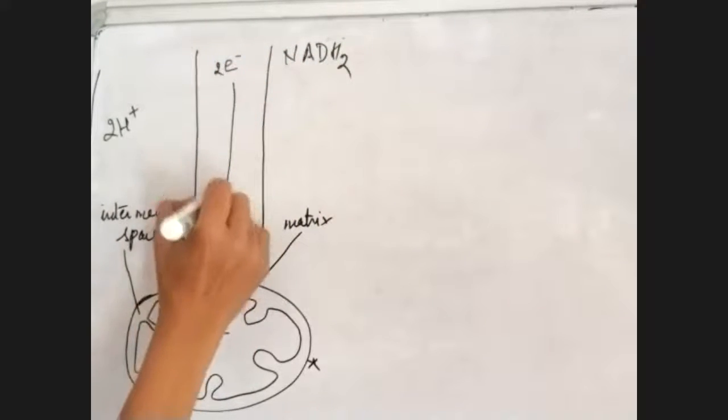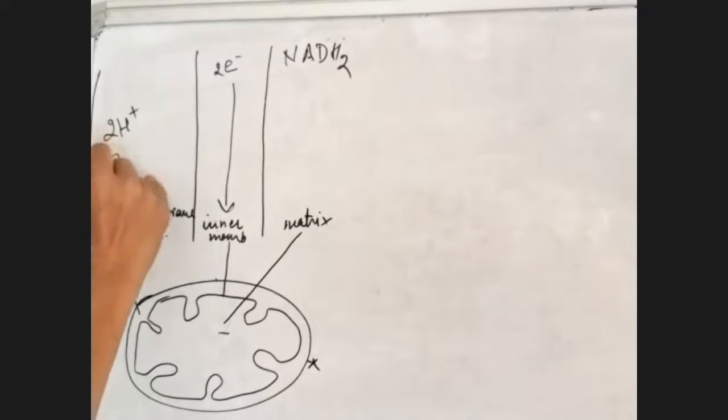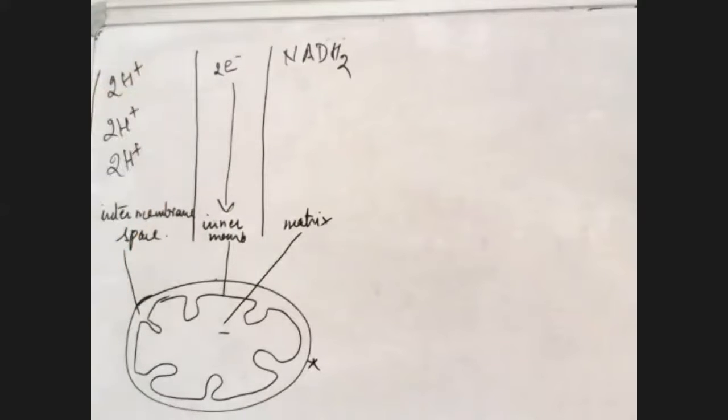A pair of electrons moves down the electron acceptor complexes, and the concentration of protons keeps increasing in the intermembrane space, while the pair of electrons keeps moving down the inner membrane along the complexes.